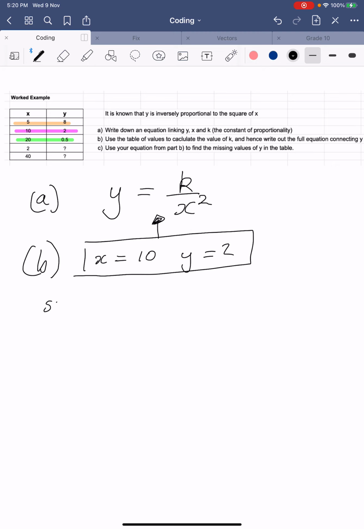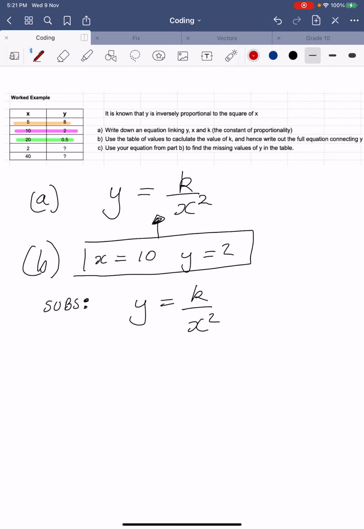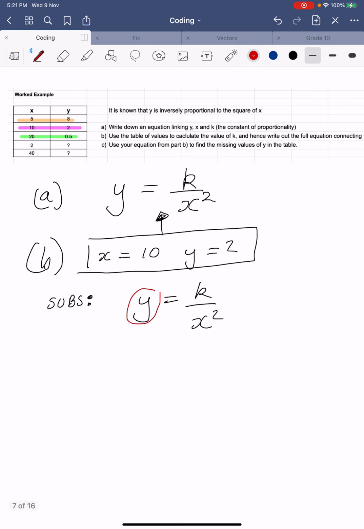So we go ahead and substitute into our equation. So remember, with a substitution, we just replace the letters with the actual numbers. So instead of the y here, we replace it with the 2.